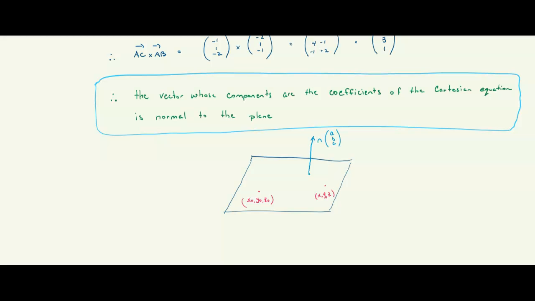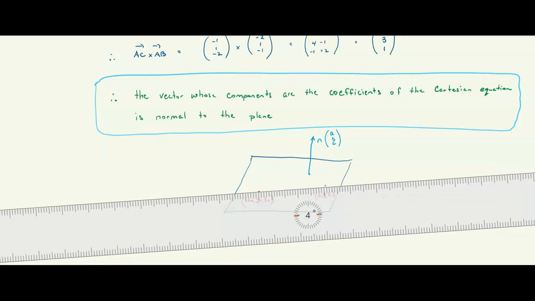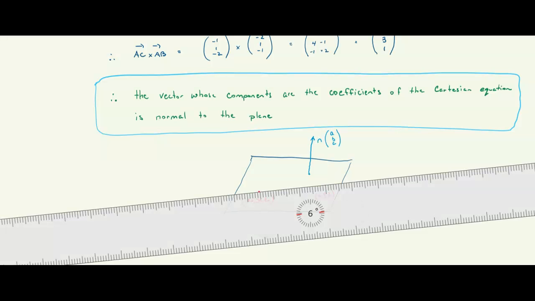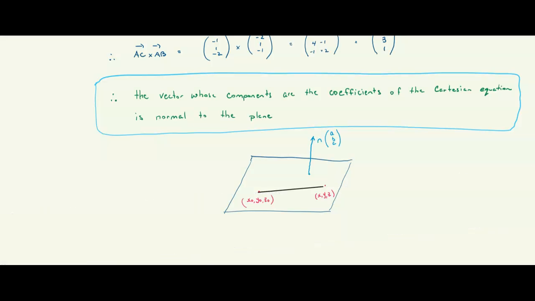x, y, z. Now, if I have a look at the vector that joins these 2 points, and I'll just get my ruler out so this looks sensible. So the vector that joins these 2 points, that vector there, going this way, I know this vector is perpendicular to my n.